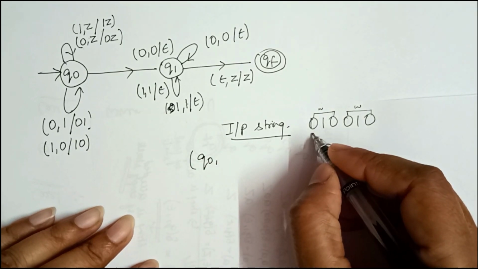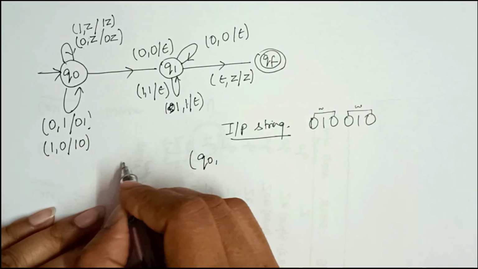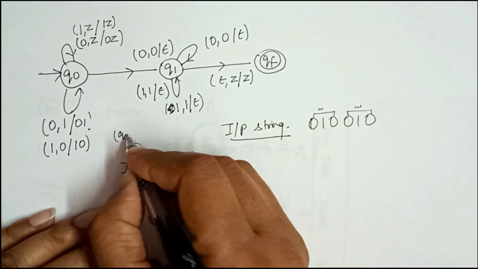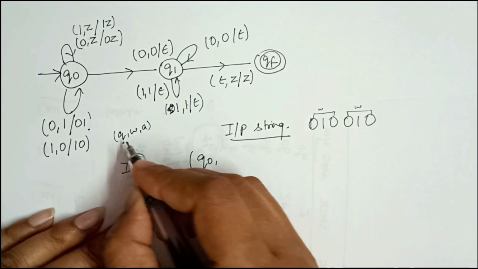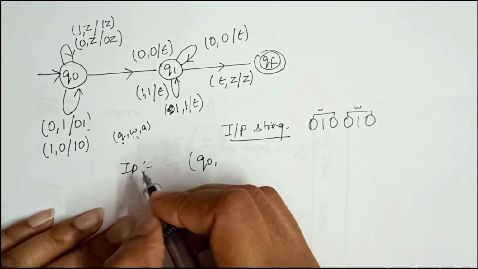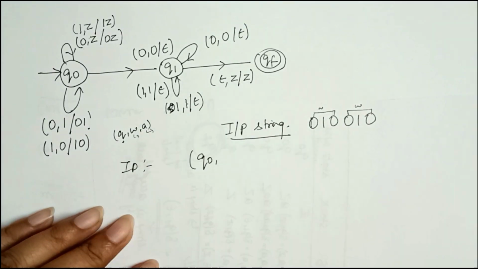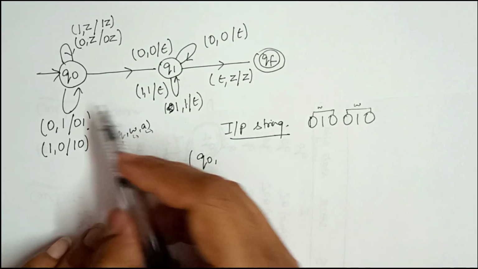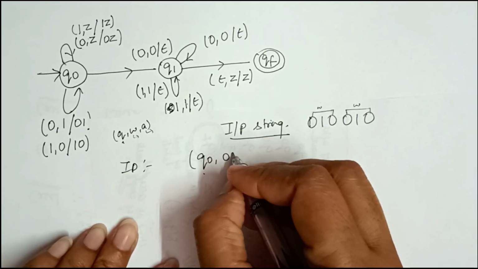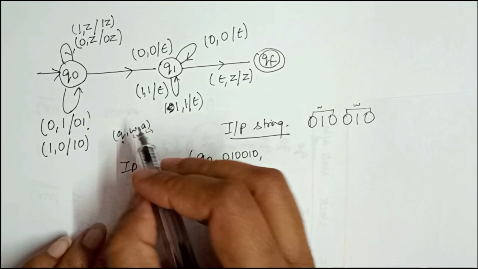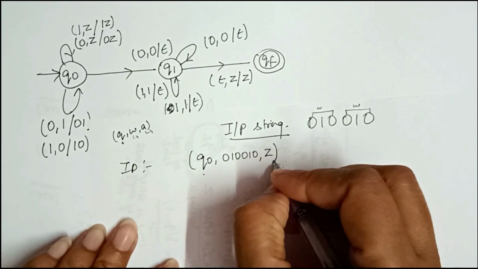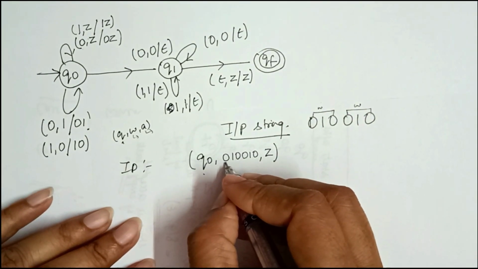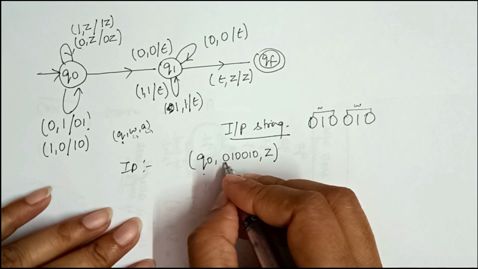In the instantaneous description, we take a triplet like Q, W and A, where Q is the current state, W is the input string and A is the stack value. So the current state is Q0, the input string is 0 1 0 0 1 0, and the top of the stack right now is Z.